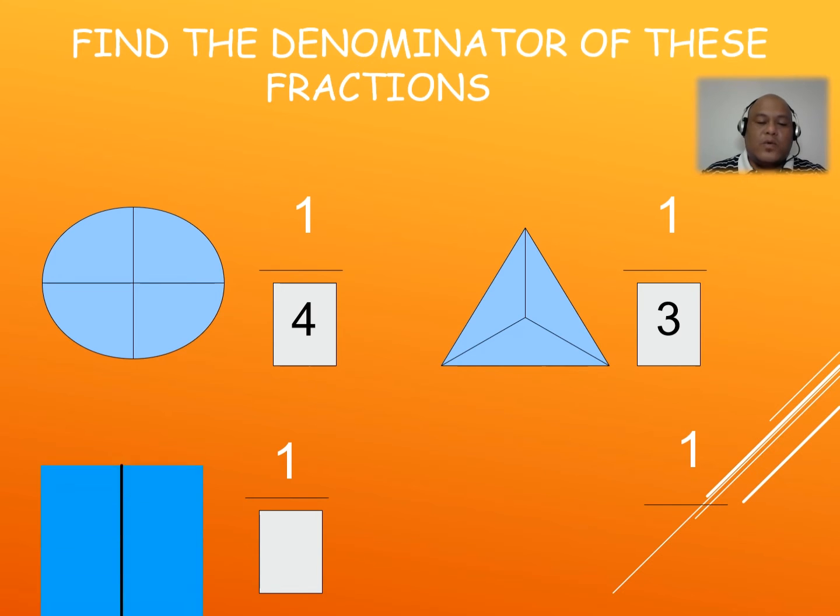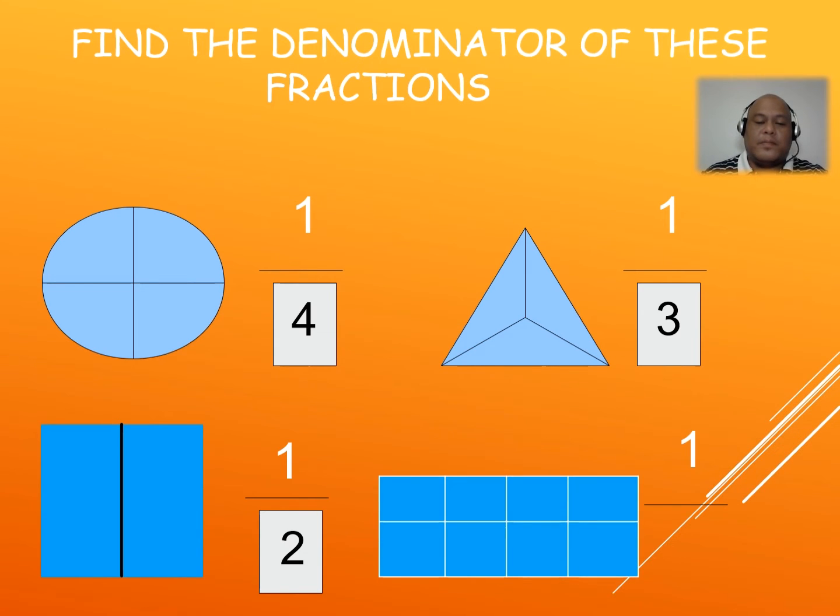Next is square. Square is divided into 2 equal parts. What is the denominator of this fraction? 2. Next is rectangle. Rectangle is divided into 8 equal parts. So what is the denominator of this fraction? 8.